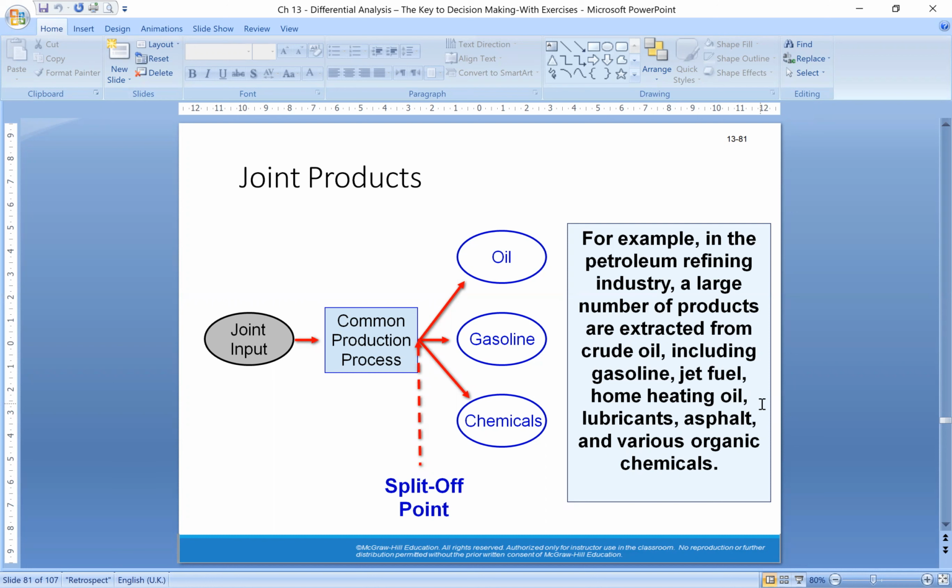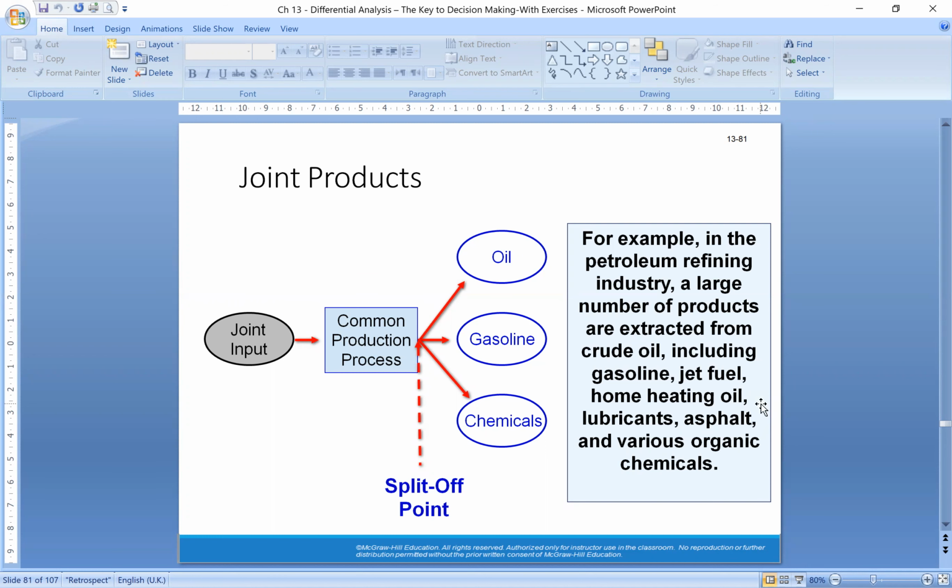For example, in the petroleum refining industry, a large number of products are extracted from the crude oil as it is extracted from the ground, including gasoline, jet fuel, home heating oil, or any other chemicals used in the industry.